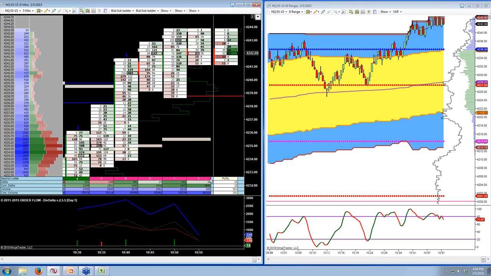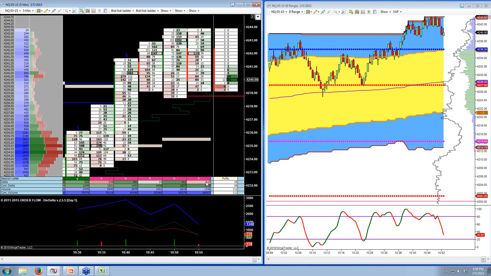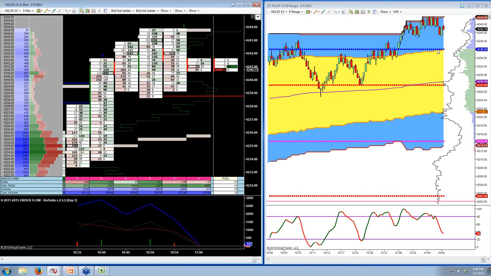You can tell by looking at, here's 401, here's 14, here's 411, now we're going to minus 11, etc. So what are we doing? We're consolidating up here. Now if this delta starts to get more negative, then realistically we can look for price to possibly move lower, back down to the high value area here.